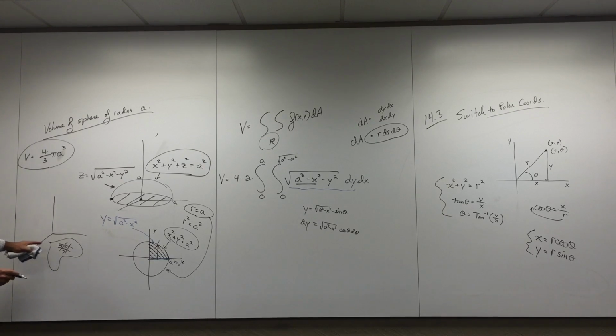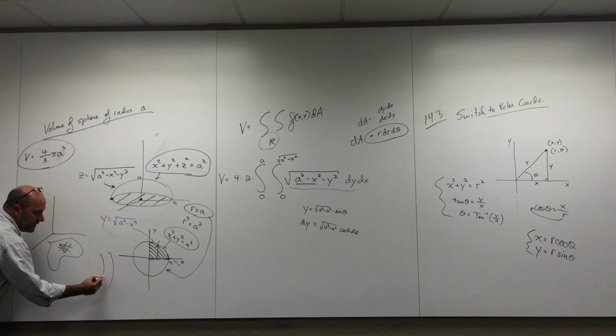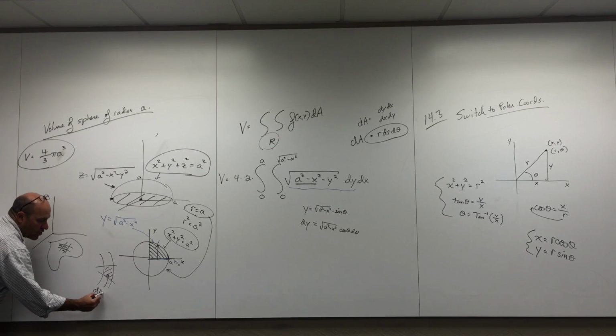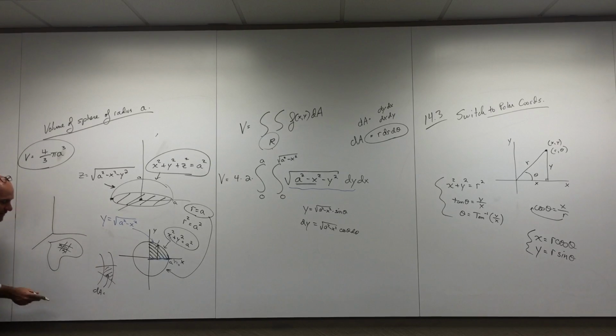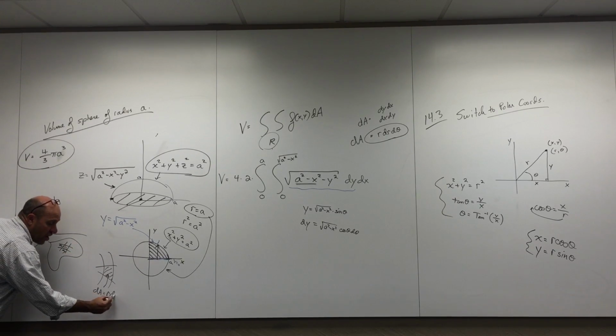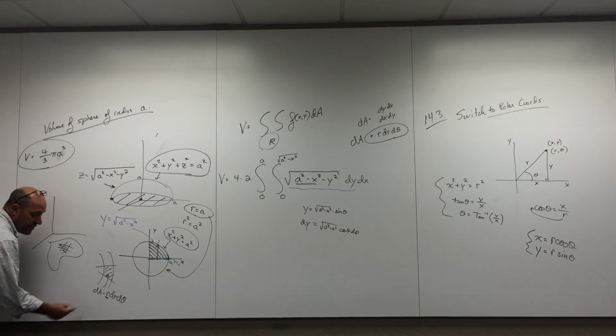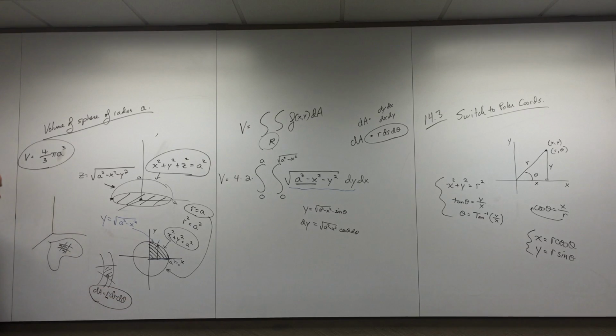If we switch to polar, the dA is a sector of a circle, and it's r dr d theta, with this little extra r. I'm not really explaining the geometry right now, but you better just remember that.